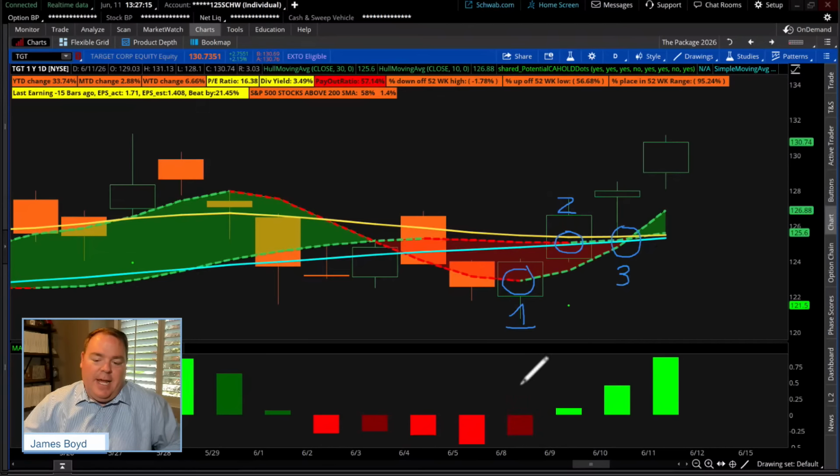Now think of this as, I'm going to label number 1 as early. That's an early entry. You're really saying, I don't have a whole lot of confirmation. I'm just going to get in on the first sign of a setup. If you said number 2, more mid, a little bit more confirmation, mid confirmation.